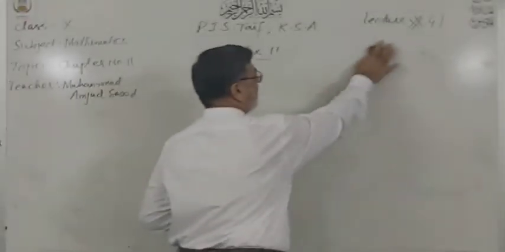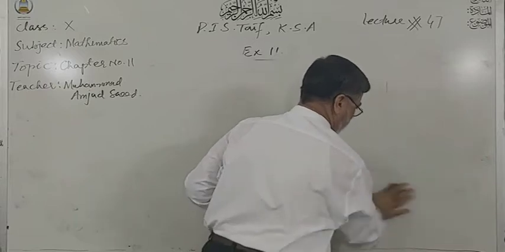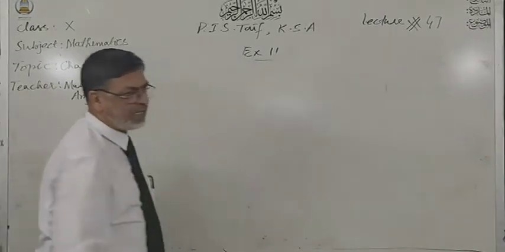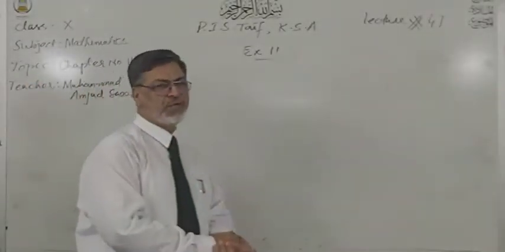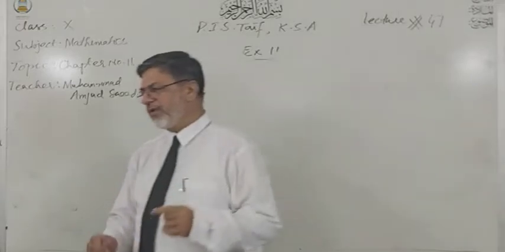So that's why when someone says that the angle is 60 degrees at the center and arc length is 4, then the radius will be 4. And if the radius is 4, the arc length will be 4.